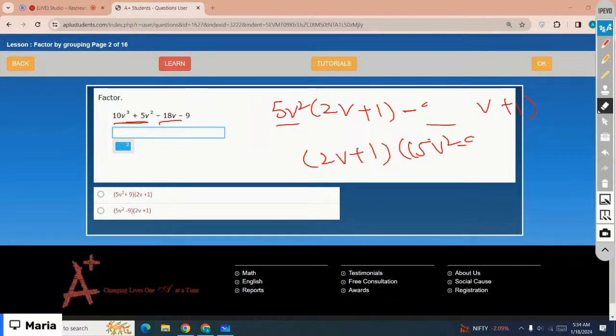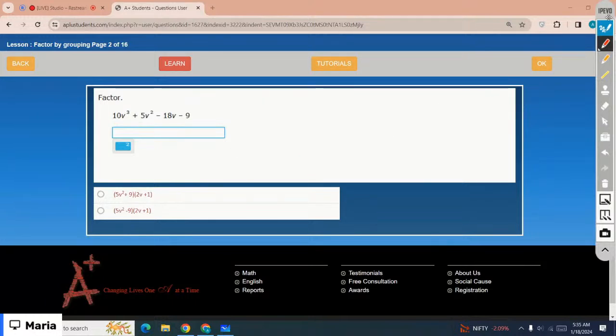Because if you take 9v, where is the v? You can take common 9 only. That is 9 times 2 is 18, 2v plus 1. And here you have 5v minus 9. Got it? So the correct option is 5v squared minus 9 and 2v plus 1. The second option is the correct option. Got it?